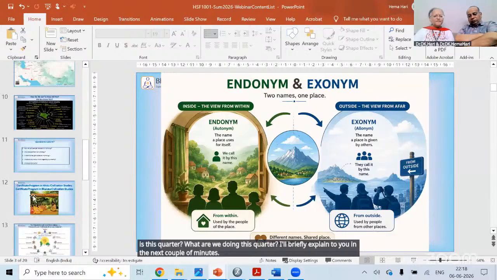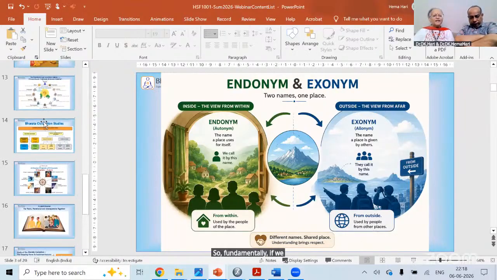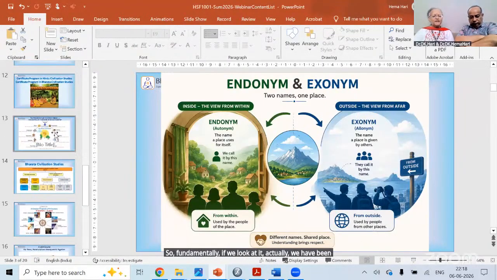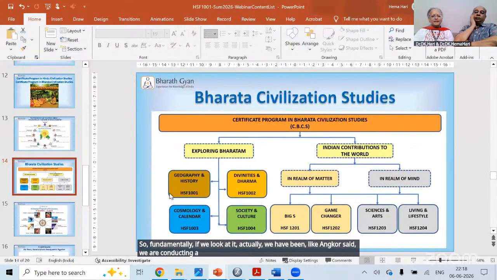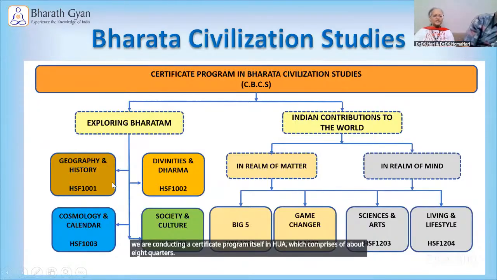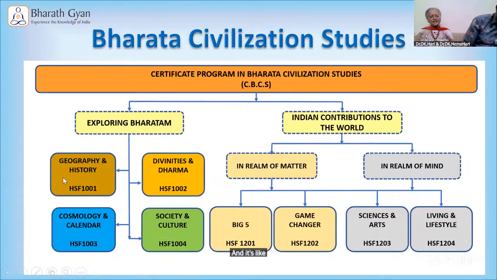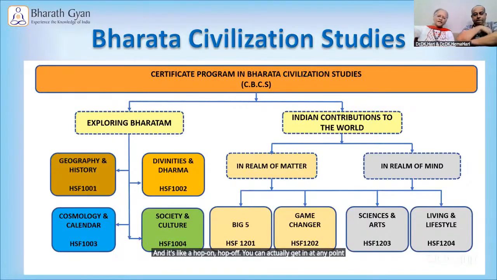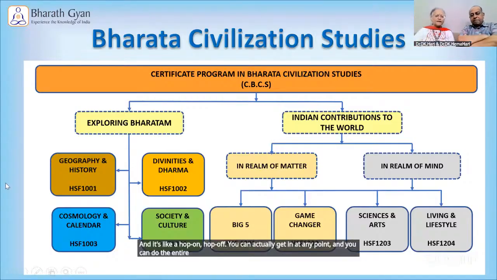So fundamentally, like Ankur said, we are conducting a certificate program itself in HUA, which comprises about 8 quarters. It's like a hop on, hop off. You can actually get in at any point and do the entire 8 as a cycle.